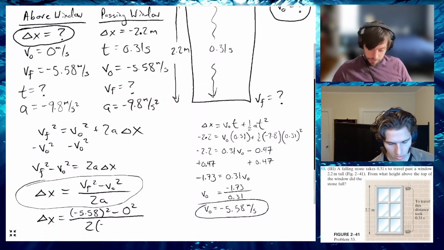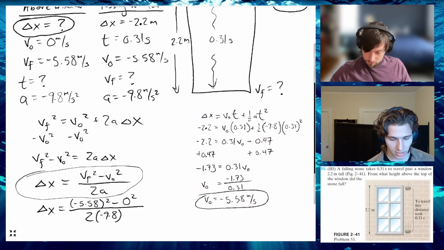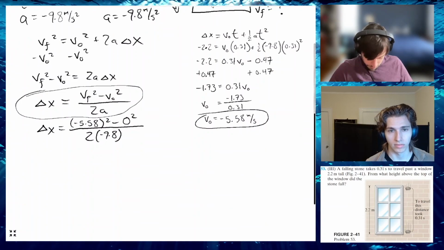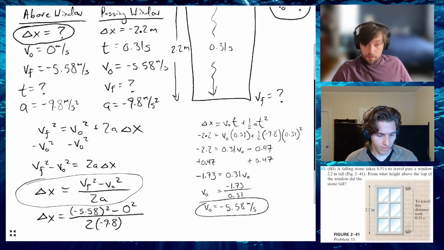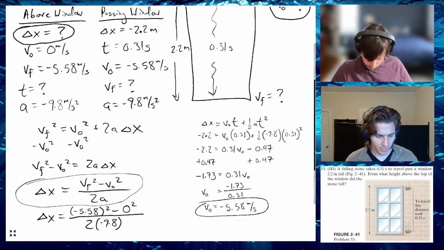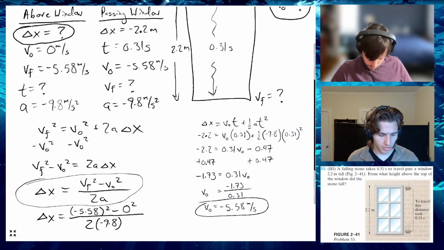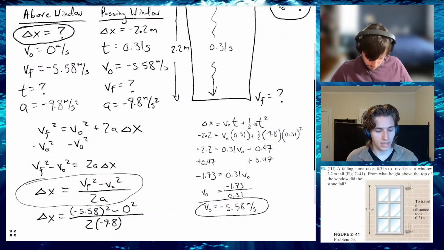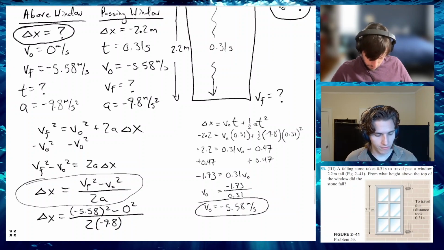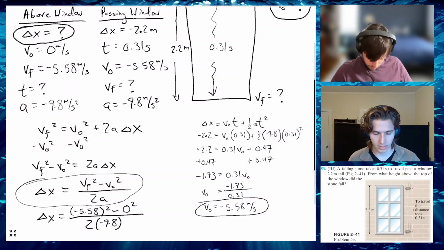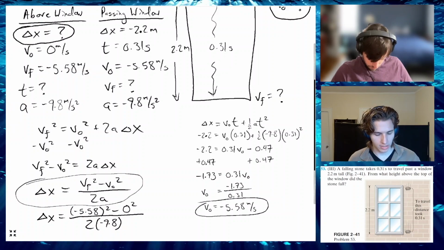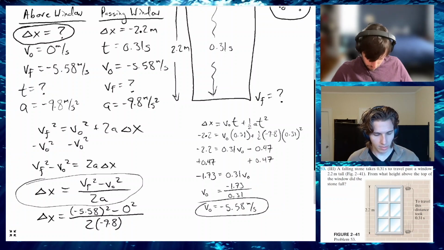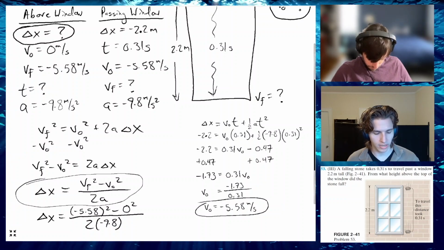Negative 9.8. Awesome. Can we solve this on our calculator? I believe so. I'm typing in open parentheses negative 5.58 close parentheses squared divided by open parentheses 2 times 9.8 close parentheses.